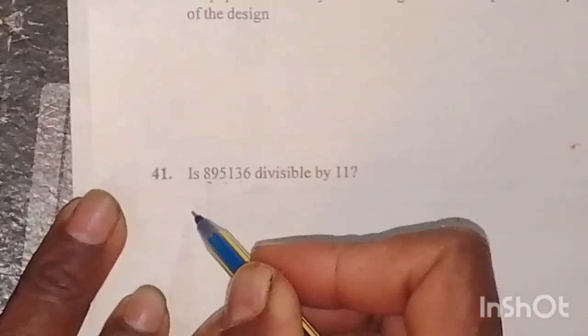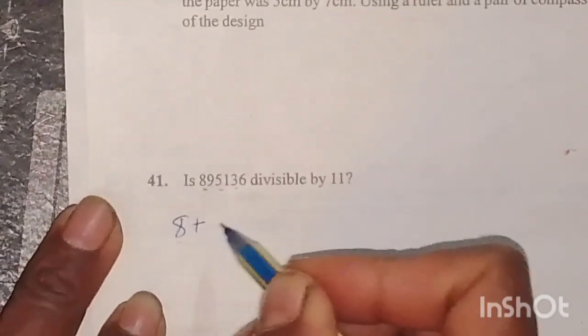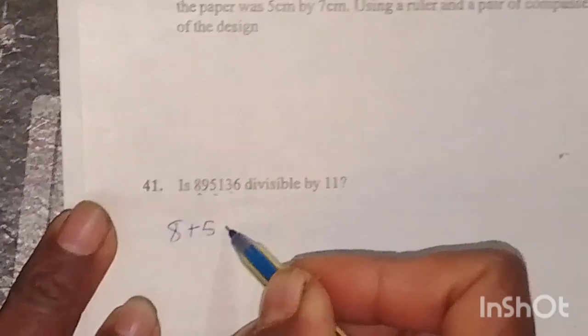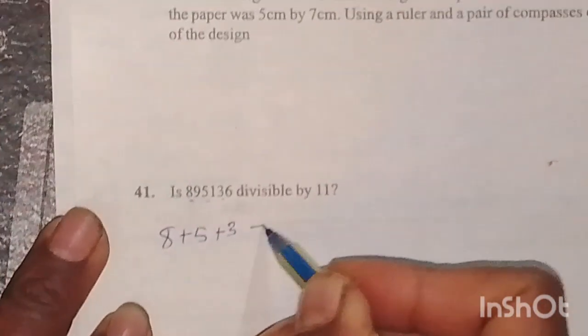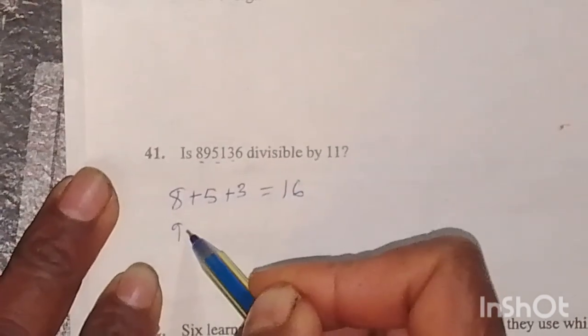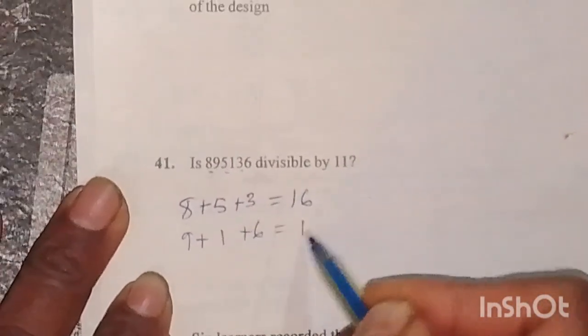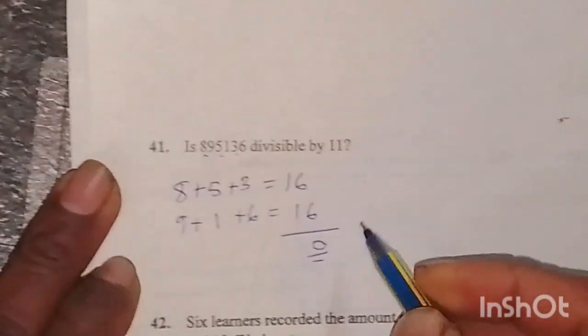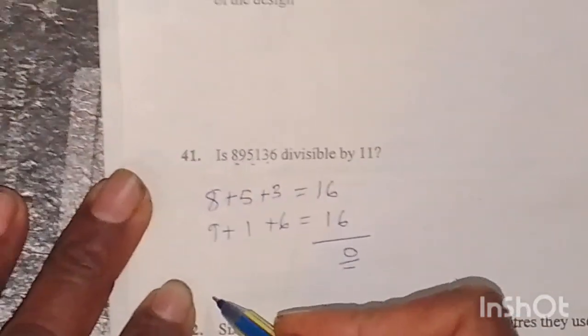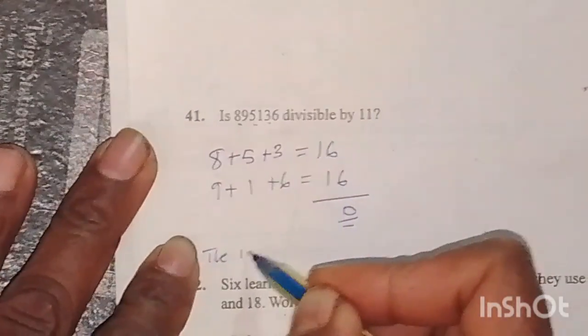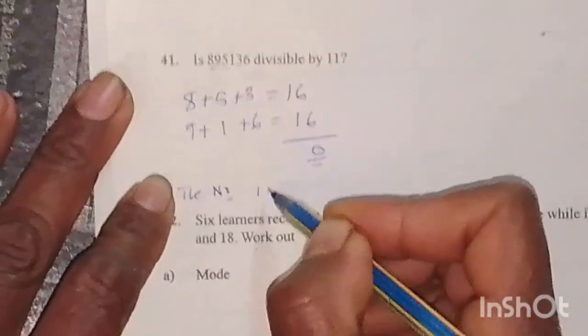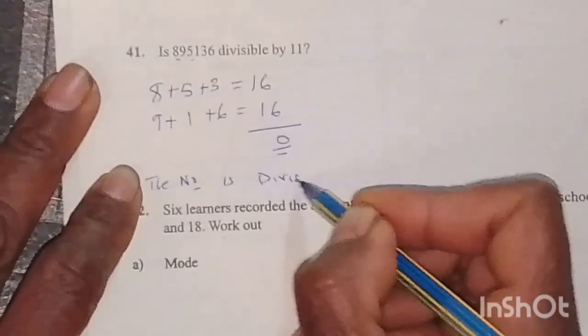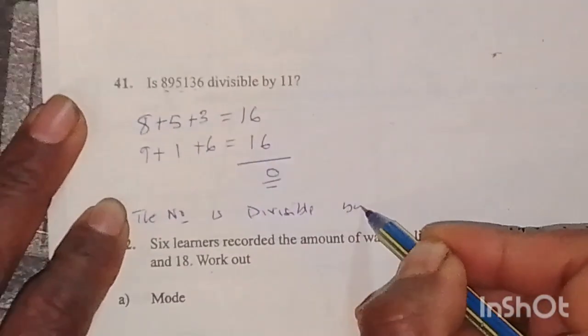Let's add them: 8 plus 5 plus 3. The answer to this is 16. And the other alternate numbers, 9 plus 1 plus 6. The answer is 16. The difference is 0. Therefore, the solution is that the number is divisible by 11.